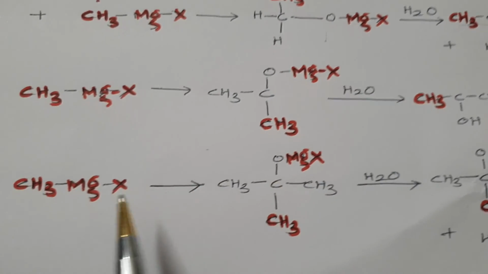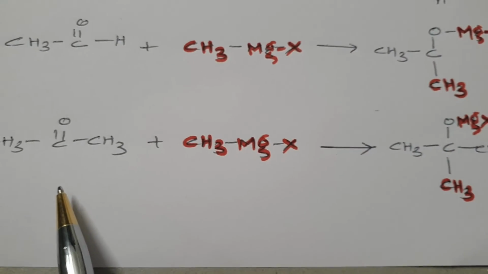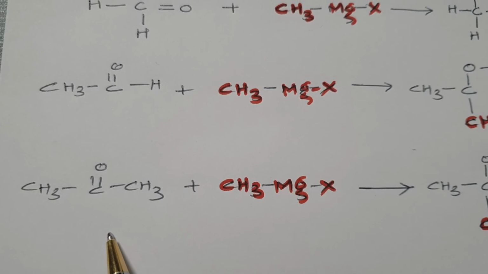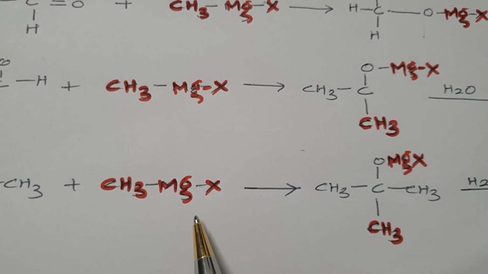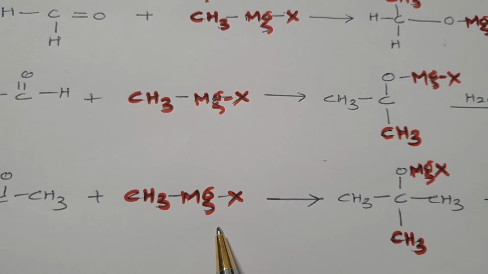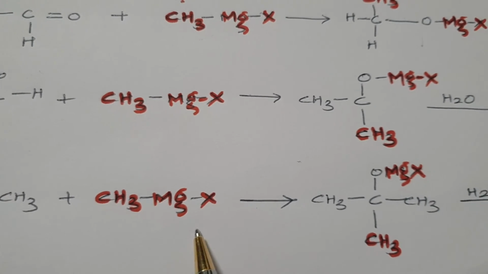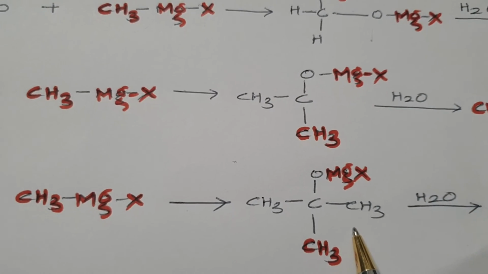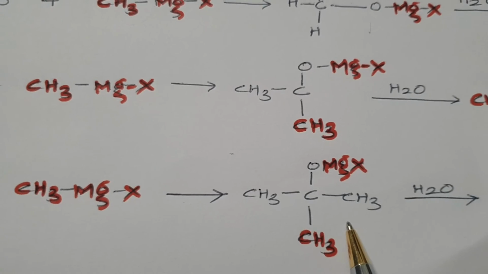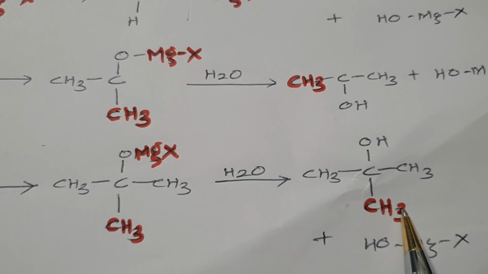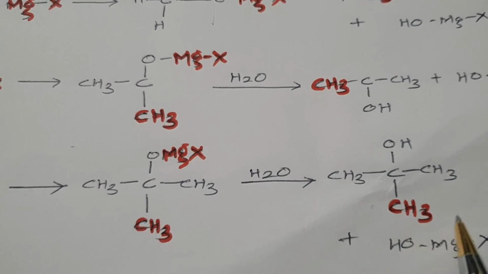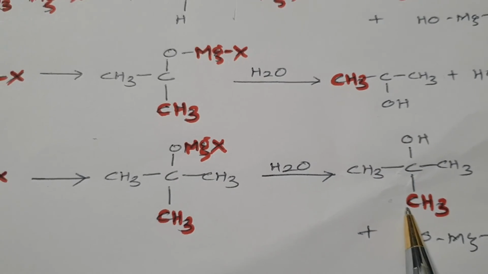Whereas if I take a ketone, that is here propanone, carry out the addition with Grignard reagent, what I obtain over here is an adduct which further undergoes hydrolysis, giving me tertiary alcohol as my product.